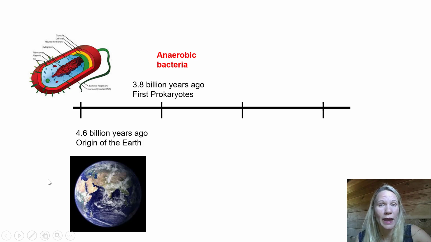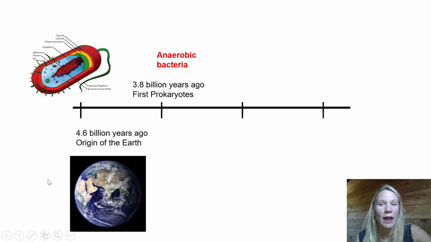If you recall, anaerobic pathways do not produce very much ATP. Now that's okay if you're just a single-celled bacteria living in the ocean. But in order for multicellular complex life forms to evolve on this planet, which is what we see today, a significant change in the way organisms use their food molecules would have to take place.